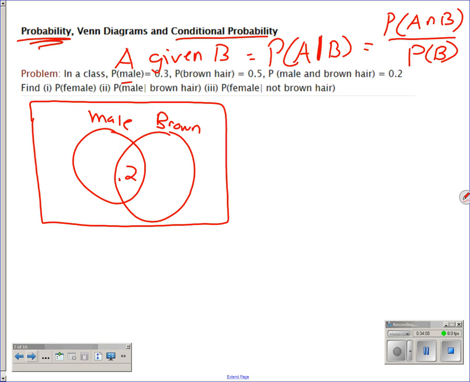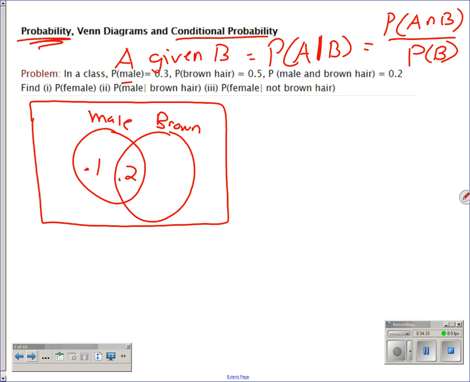Now, it says the probability of being male is 0.3. So what's the probability of being only male with no brown hair, right here in this circle? 0.1, right? The whole circle for male adds up to 0.3. What about having brown hair without being a male, being a female?